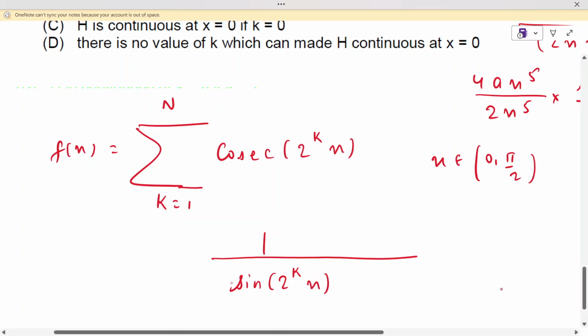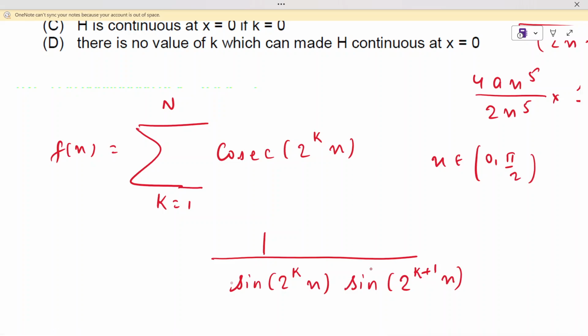It is actually a telescopic problem. So what you can do is multiply with sin 2 to the power k plus 1 x, both numerator and denominator, okay? Not k plus 1.